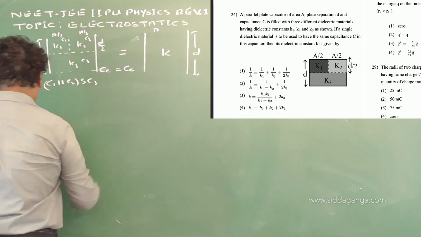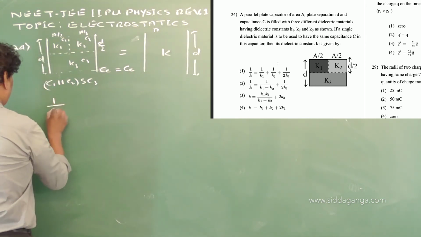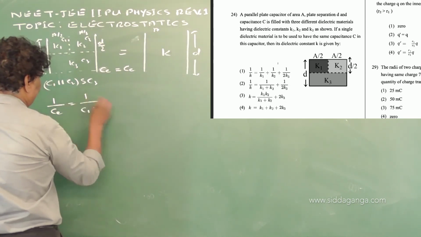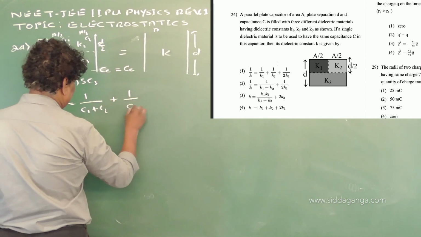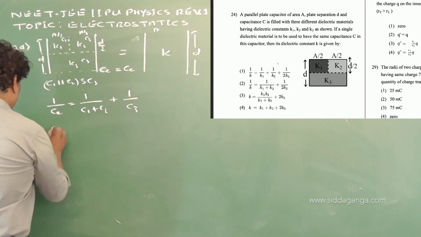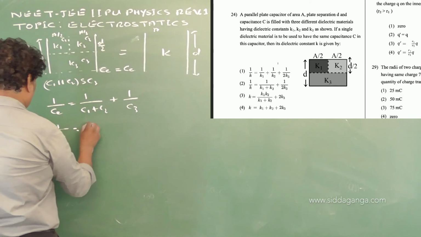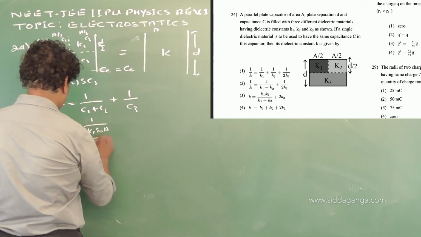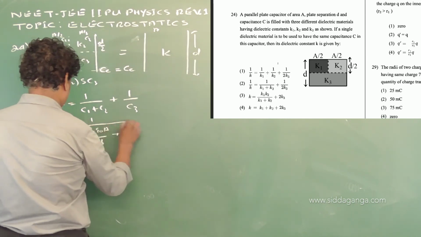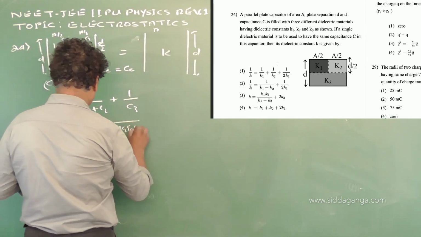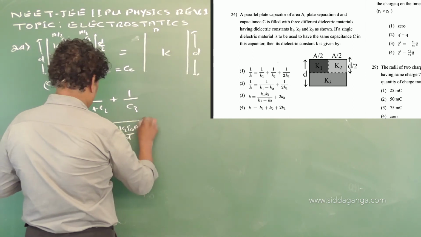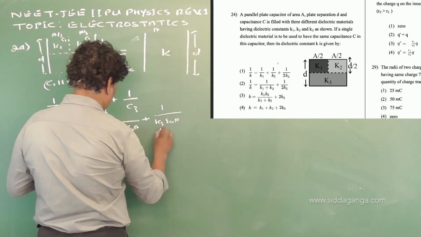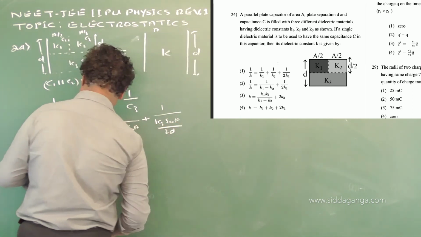Now to find the value of K, we have 1 by CE is equal to 1 by C1 plus C2, they are in parallel, plus 1 by C3 in series. That is 1 by CE is equal to 1 by K1 epsilon naught A by D plus K2 epsilon naught A by D, plus 1 by K3 epsilon naught A by 2D.